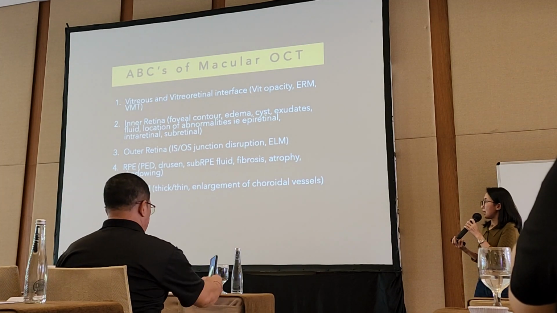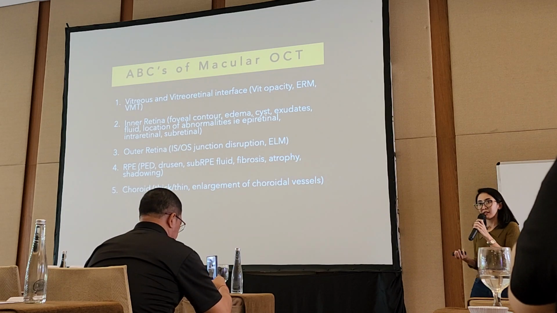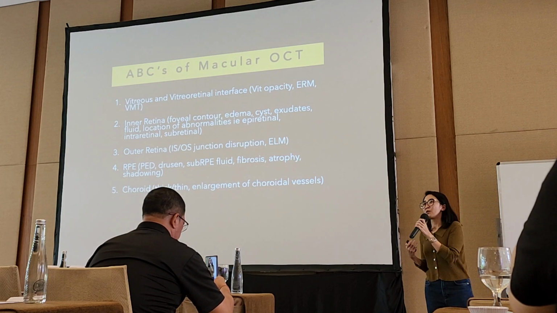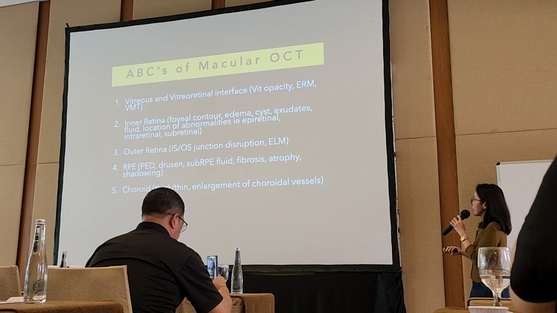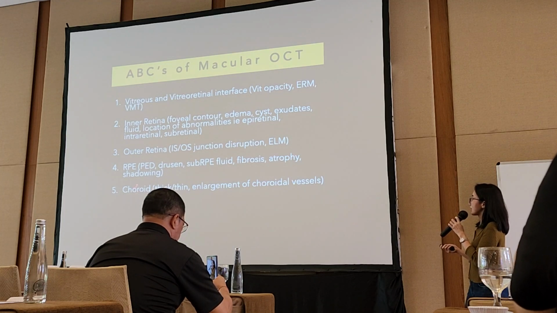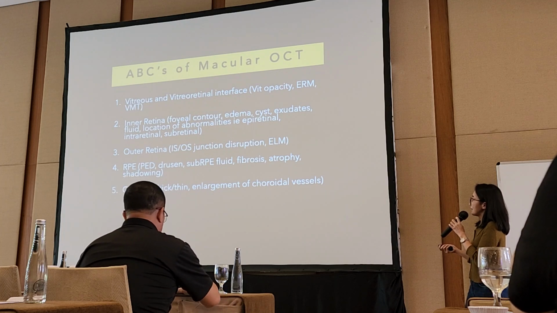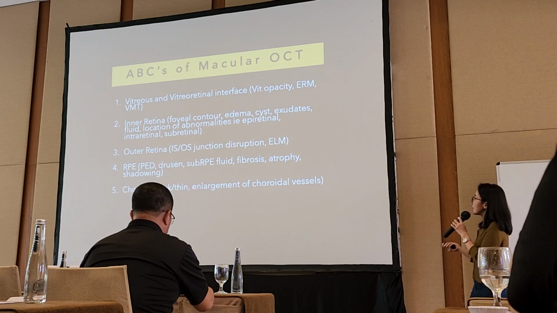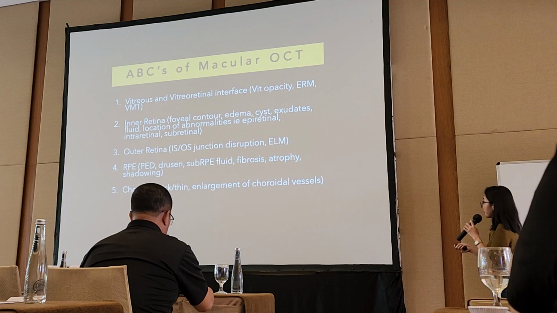It's like CSER, central serous chorioretinopathy, or pachychoroid neovasculopathy, or anything that is thought to be mainly a choroidal disease. So choroid, do not forget that we need to also examine the choroid.